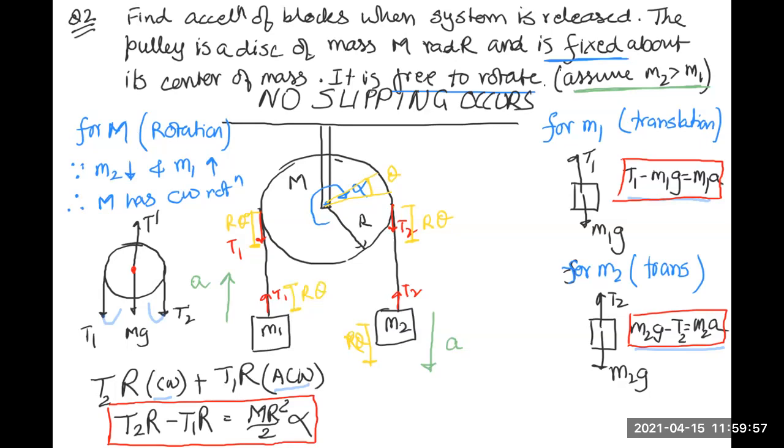So basically what I'm saying is that look, the displacement of the object is equal to r theta. If I differentiate this once, I'll get v is equal to r omega. And if I differentiate this again, I get a is equal to r alpha. Okay? And this is equation number 4. So there is a relationship between A and alpha.